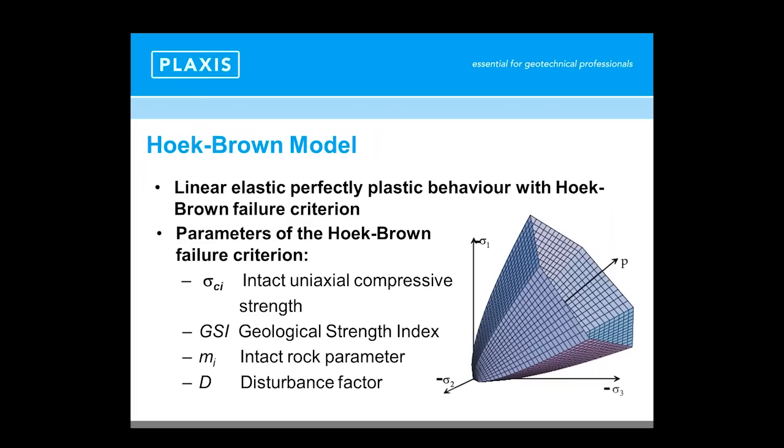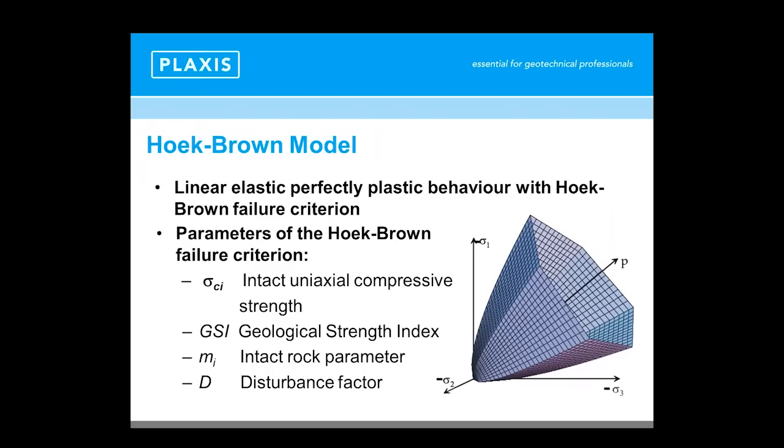I would say this model has a lot of similarities with the Mohr-Coulomb model, except that the Mohr-Coulomb model considers a linear strength as a function of the mean effective stress, whereas the Hoek-Brown failure criterion considers a nonlinear relationship between shear strength and mean effective stress, which is described by the Hoek-Brown failure criterion.